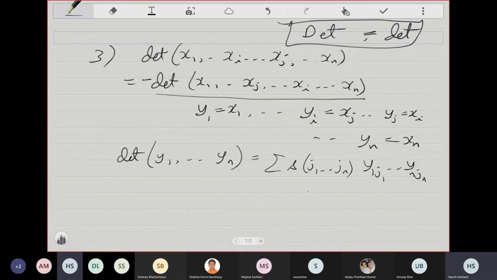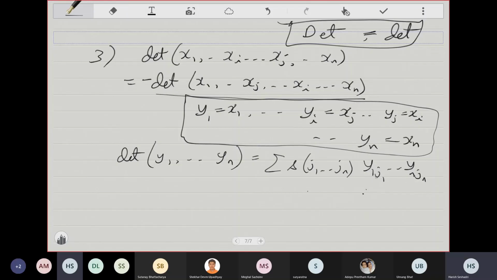So let me just say it in words. Here, in this sum, the vectors y were defined to be all the same as the x's except that two of them have been interchanged.